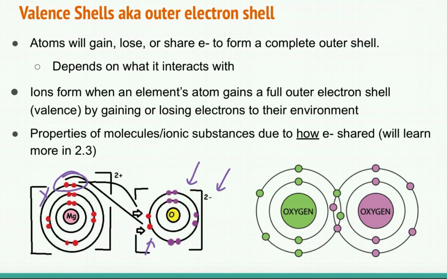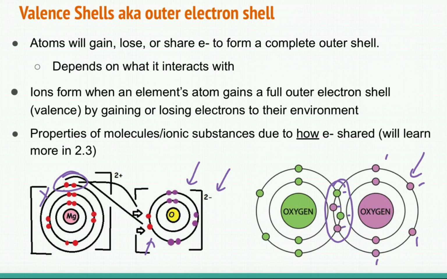On the other hand here, these 2 oxygen atoms are going to now form bonds, and we'll go over how that works later on, to achieve their full outer shell. In this case, they're going to share their electrons in order to get 8 on their outer shell. And you can see that here. 1, 2, 3, 4, 5, 6, 7, 8.